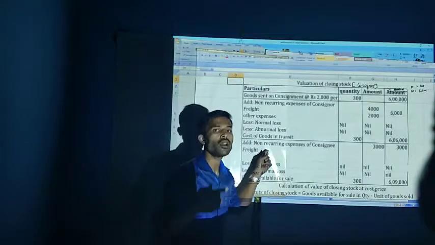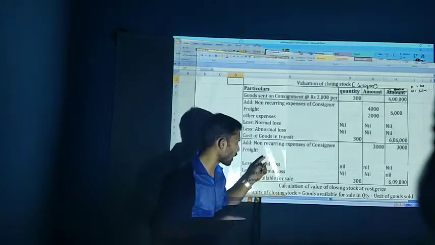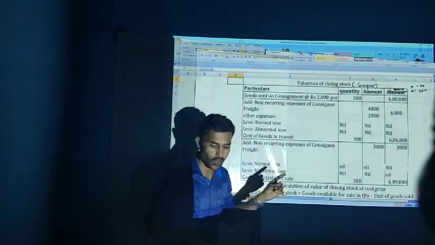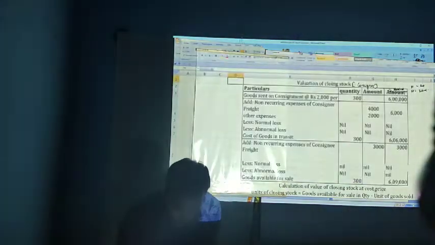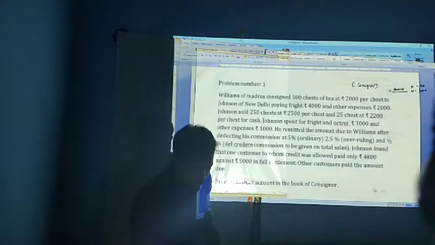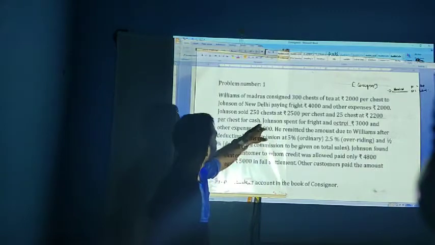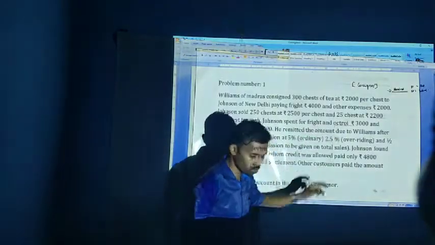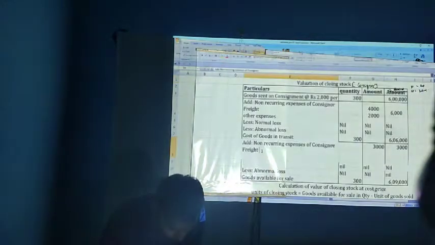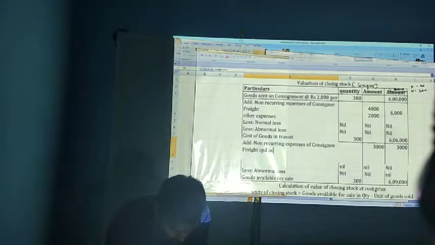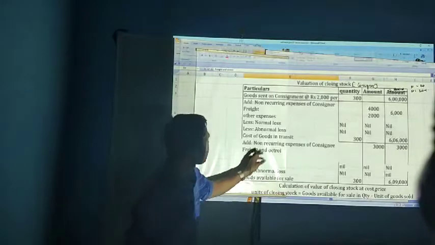For this, add the non-recurring expenses of the consignee. The non-recurring expenses of the consignee are incurred in the form of freight and octroi that Johnson spent.